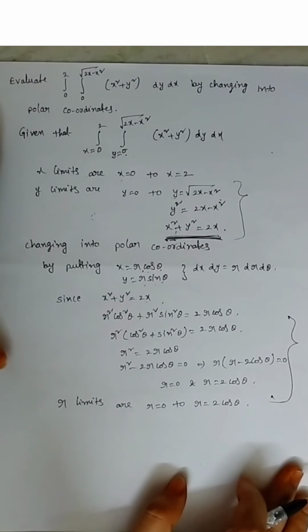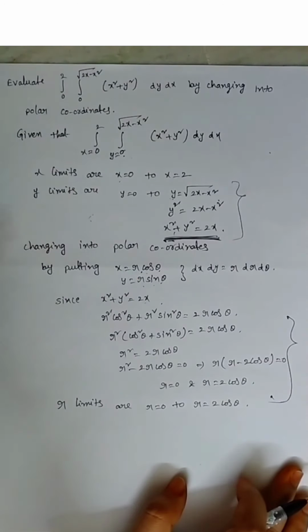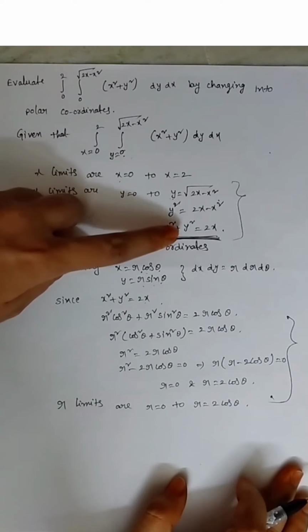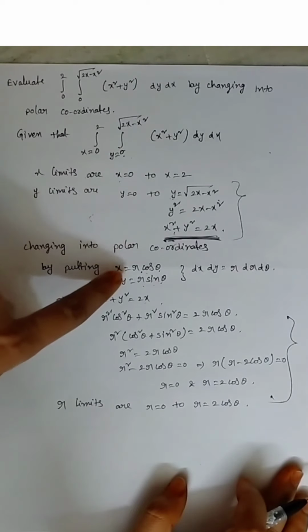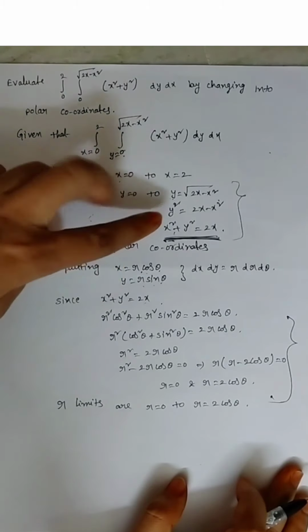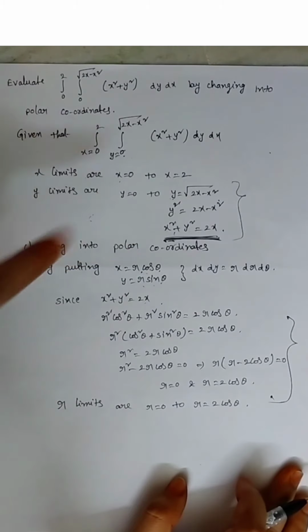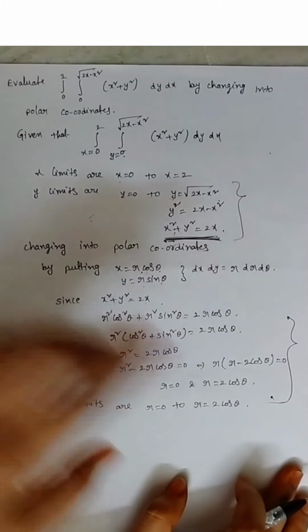So if you are not able to find the polar limits, then we have to substitute r cos theta, r sin theta in the given region. So here the region is x square plus y square equals 2x. So we have to substitute the polar coordinates x equals r cos theta, y equals r sin theta in the region. So from this we can find the r limits: r equals 0 to r equals 2 cos theta.